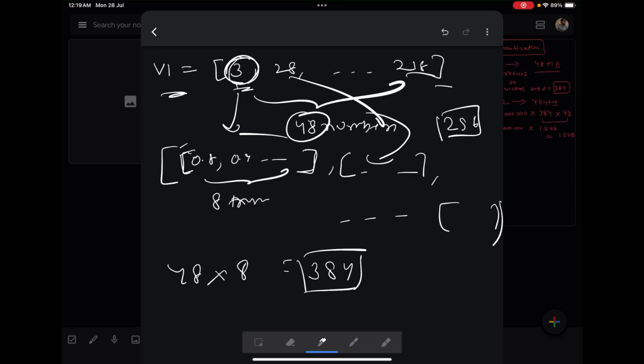Now you might be thinking that if I increase this number, I'll get more accuracy, and you are right, because 256 is representing 1 million different vectors. So 256 is basically the number of groups that we have divided 1 million vectors into. 1 million sub vectors, I should say. 1 million sub vectors of 8 dimension.